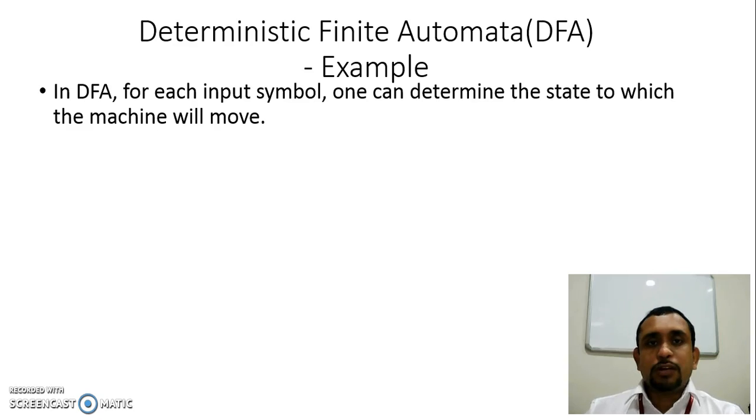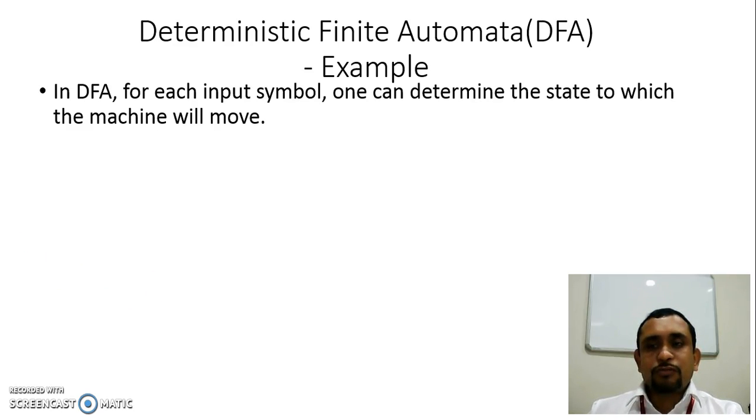Whereas in a non-deterministic finite automata, there can be either no move, one move, or more than one move on any given specific input from any state. So this is the basic difference between non-deterministic and deterministic finite automata.